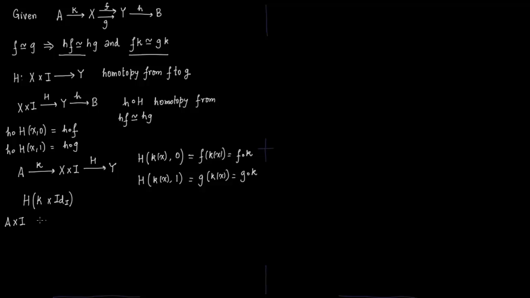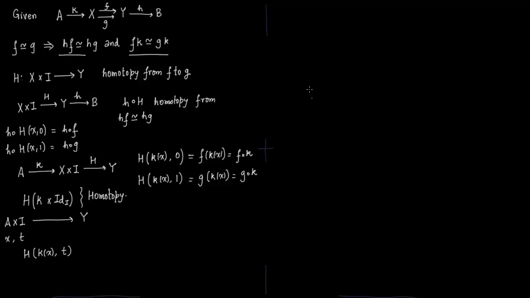You feed in space A, that goes to map K, and then you feed in the interval, and that just gets picked up directly by the ID map. So more precisely, you have H of K of X comma T, where T lies in the unit interval and X lies in the space A. So this is the required homotopy.